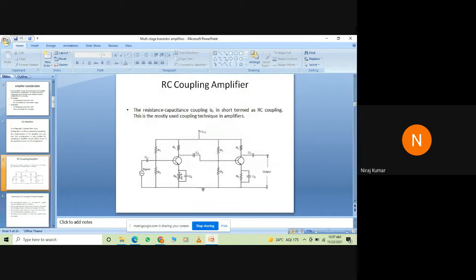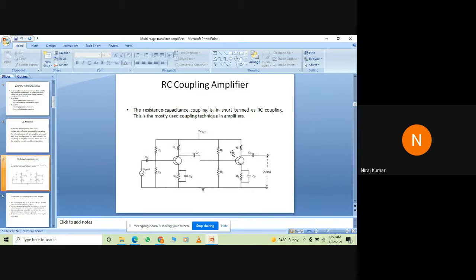Here we can see R1 and R2 both are resistances providing stabilization for the circuit. And here Cin blocks any DC component at the base of the input of the primary amplifier.